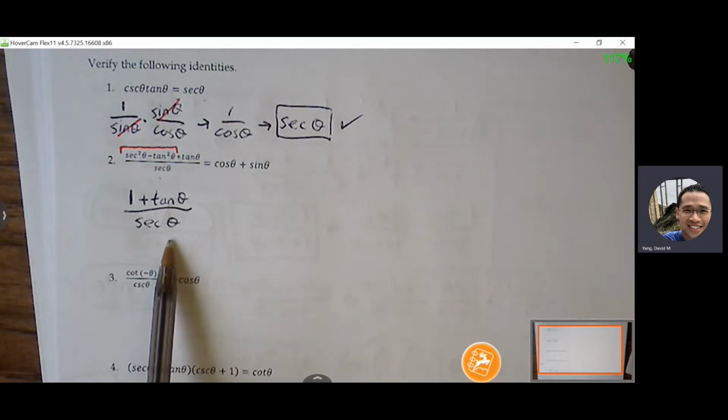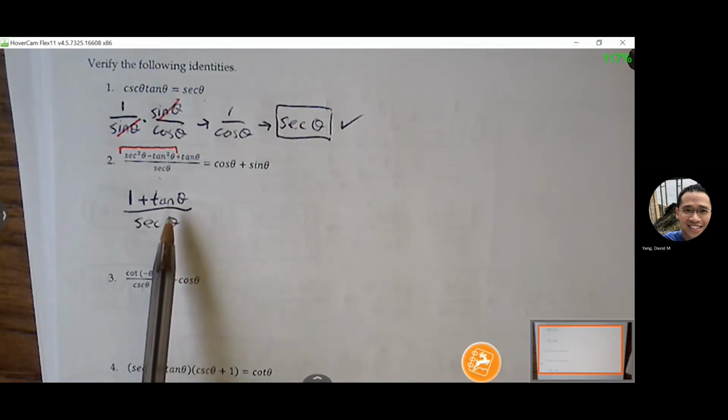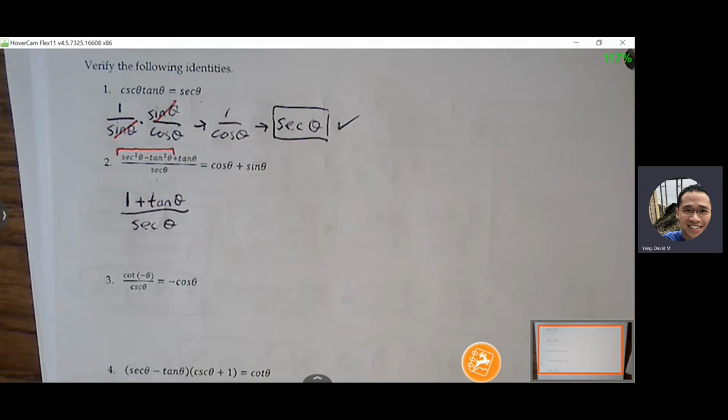Any thoughts? I think that could work. But I'm thinking something else, maybe a little bit easier. If there's only one term in the denominator, one way is to split this up into individual parts, right?